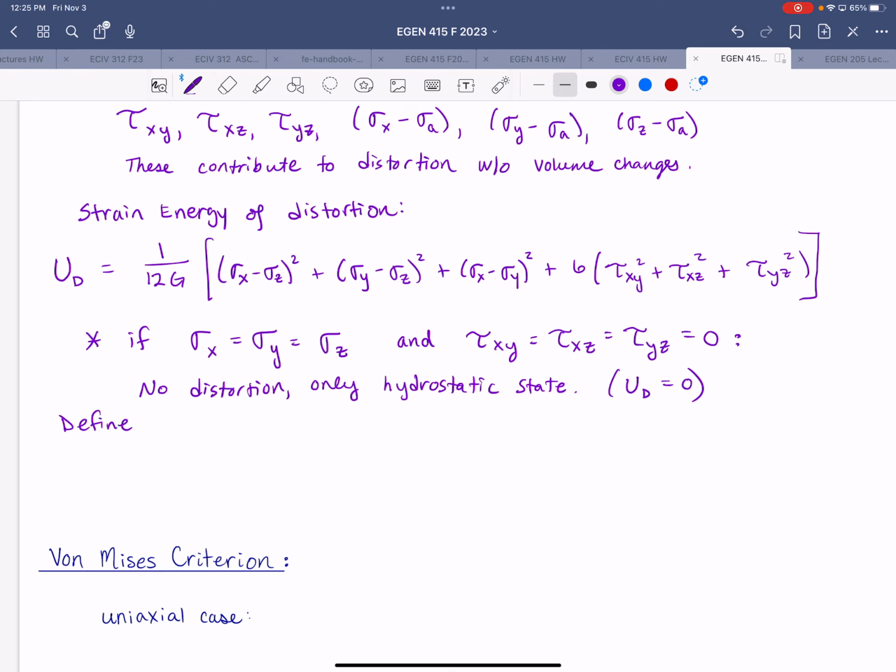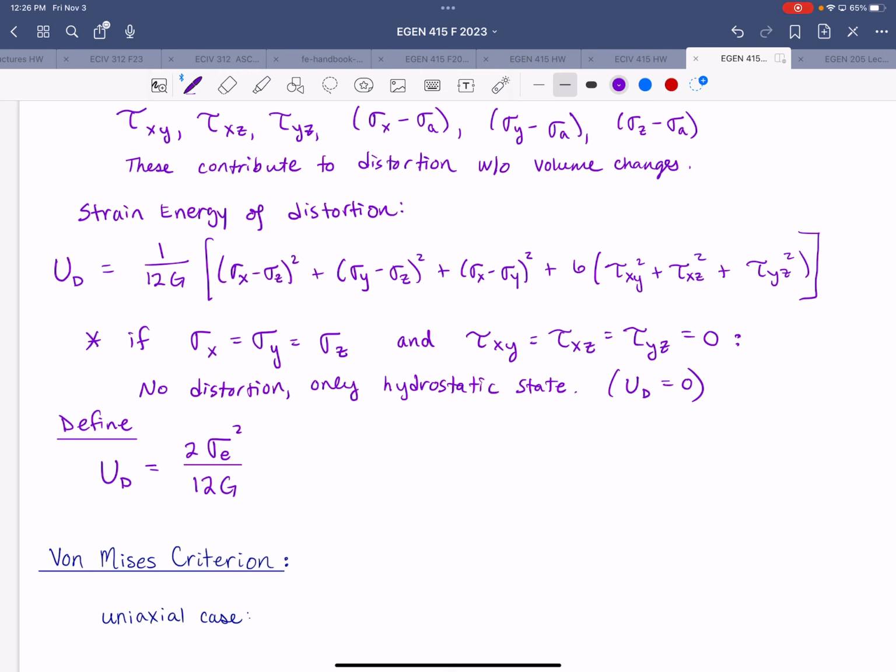So we're going to define now the strain energy of distortion in terms of a new term that I'm going to call the effective stress of distortion. So I'll say U sub D is equal to 2 times sigma E squared over 12G.